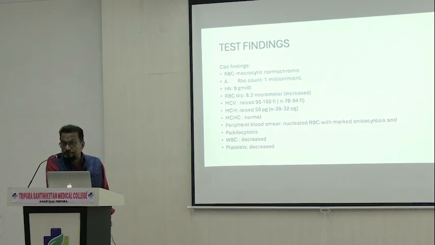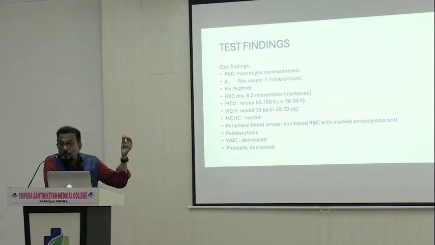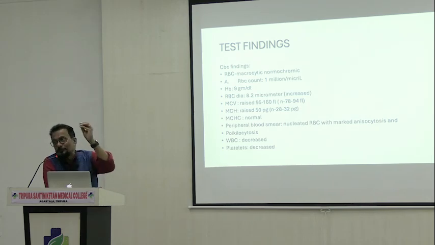What is the physiology? Anybody? Raise your hand. Two reasons. Decreased production by the bone marrow because of lack of vitamin B12 supply, lack of DNA production. When there is lack of DNA production, biosynthesis of platelets will also be affected.